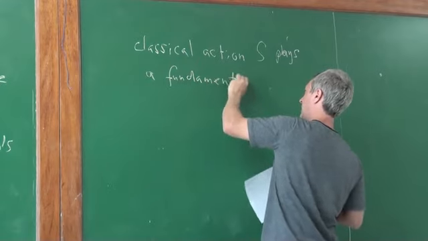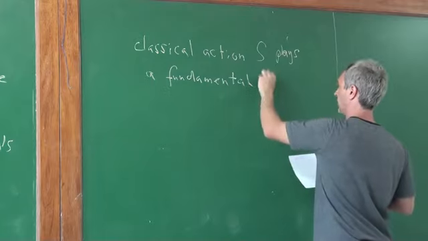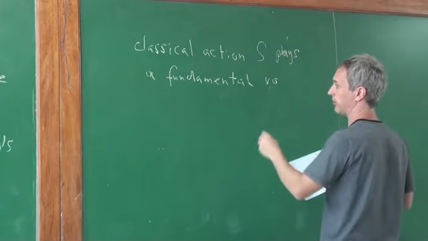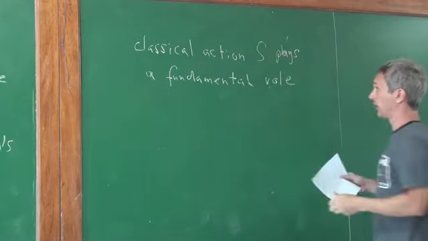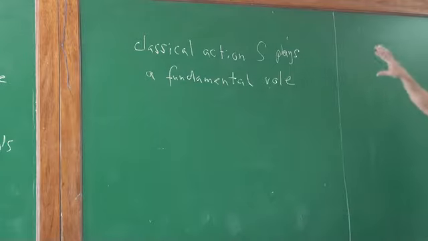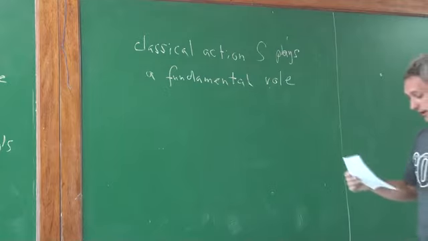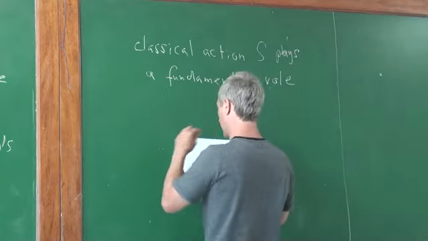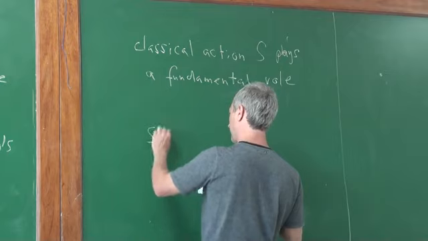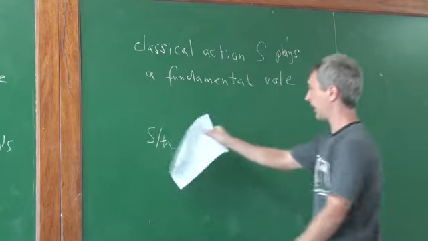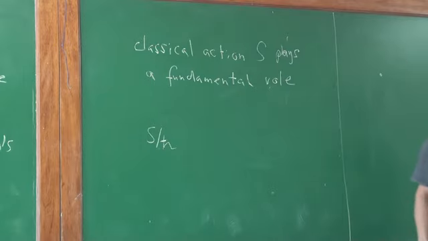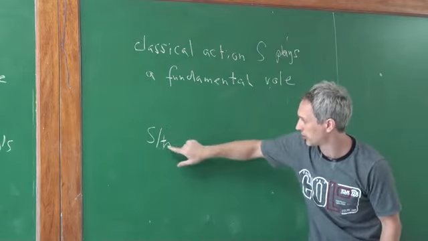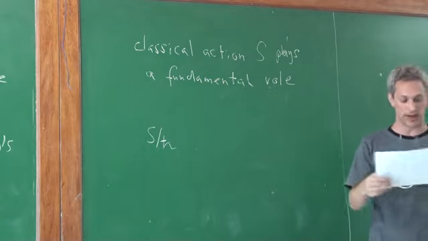So this approach answers in a way the question raised by Dirac earlier, because there the classical action always appears as some dimensionless quantity, so dimensionless number, which is dividing the action by h bar.